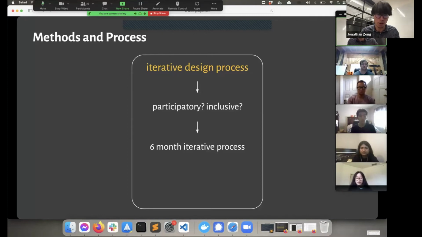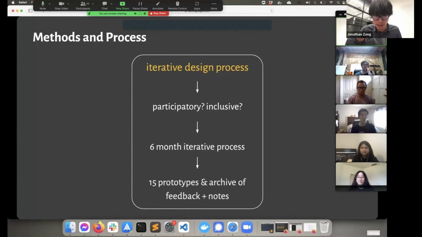He wrote out these really long paragraphs of really detailed feedback, really generously, and we tried a bunch of different stuff, and we were figuring out together what was working, what wasn't. At the end of this process, we ended up with something like 15 prototypes and this big archive of all of Daniel's feedback.